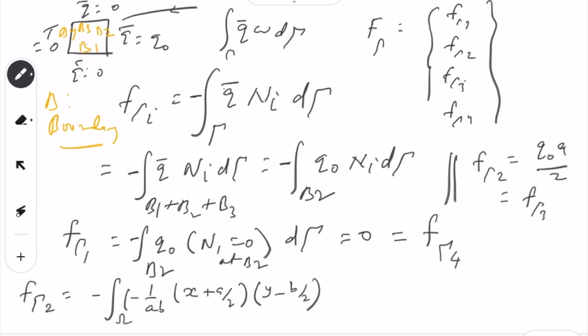Multiplied by q bar and d omega. So this is N2. This equation is x equal to minus A over 2, so we have x plus A over 2 here, and this one is y equal to B over 2. We have the minus sign here, so the value is 1 here, multiplied by Q naught.